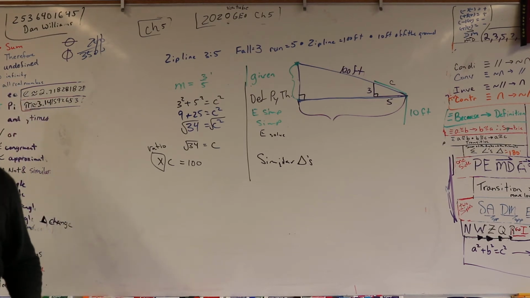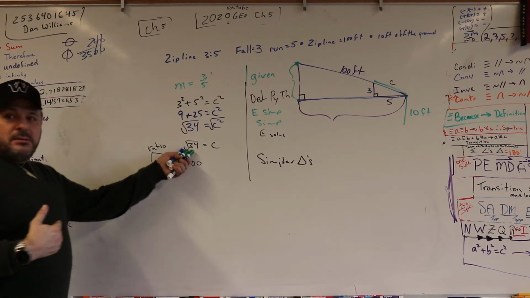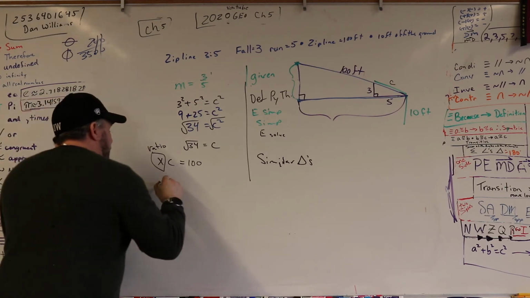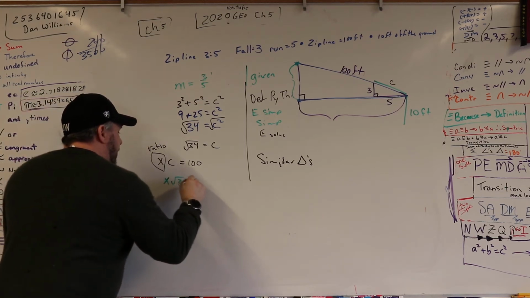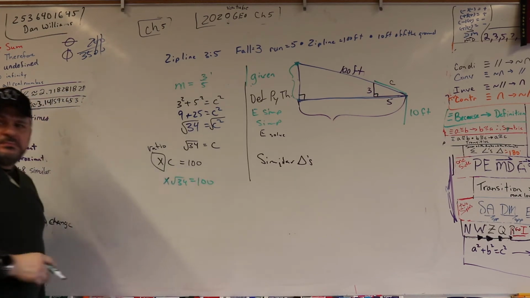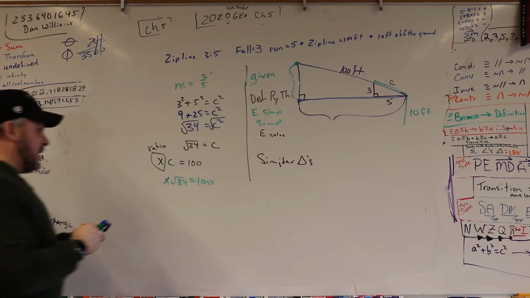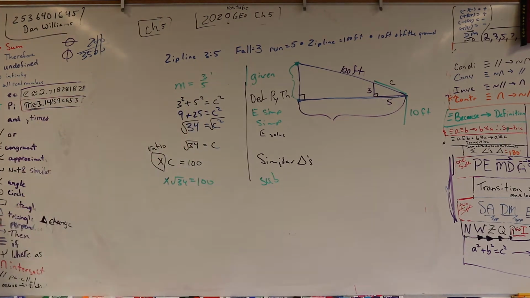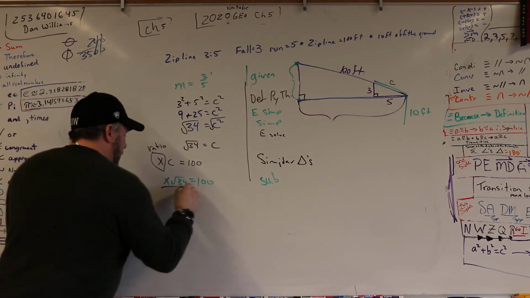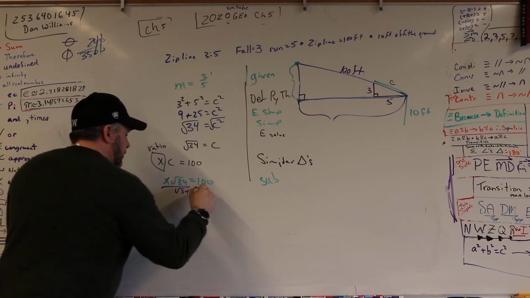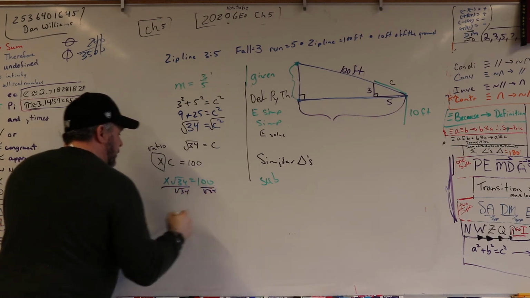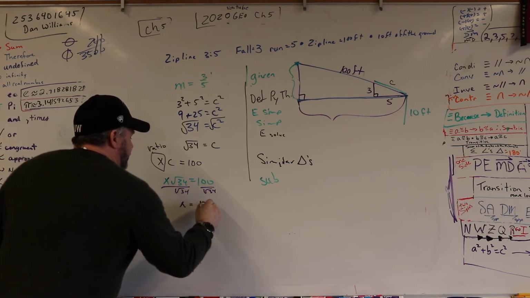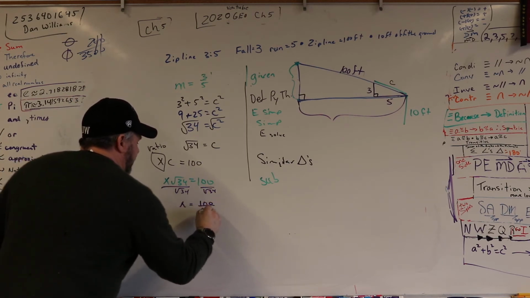So what is C? Square root 34. Okay? So we plug it in. X square root 34 equals 100. Substitution. Divide by square root 34. I got x is equal to 100 over the square root of 34.